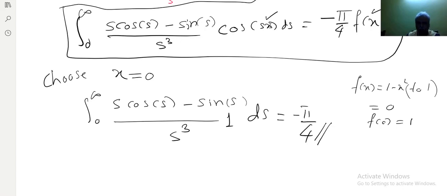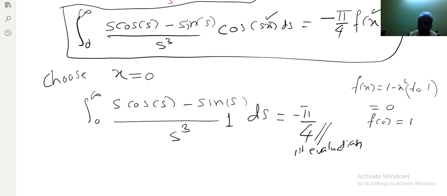This is exactly the first evaluation we wanted. So after finding the Fourier transform, after taking the inverse Fourier transform, two steps: taking the inverse Fourier transform, choosing proper x.